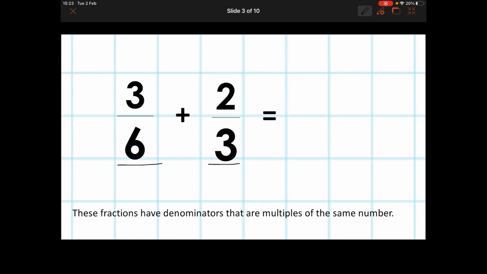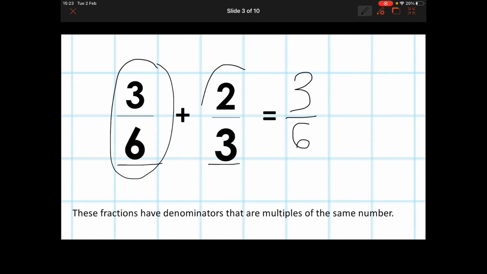Now I am going to rewrite this fraction. The reason I can just rewrite it is because it already has a denominator of 6. So 3 sixths.